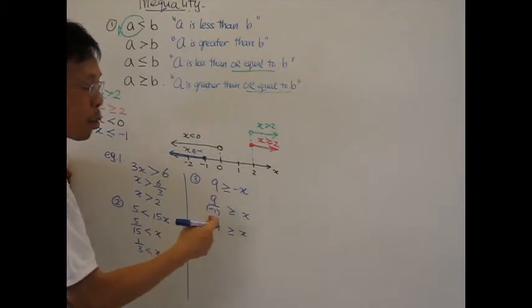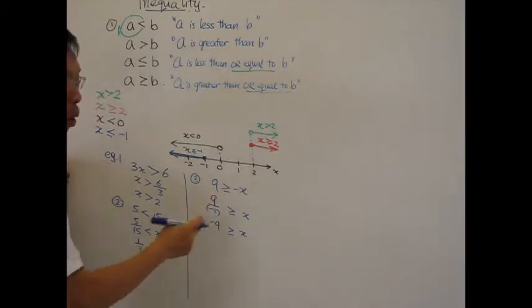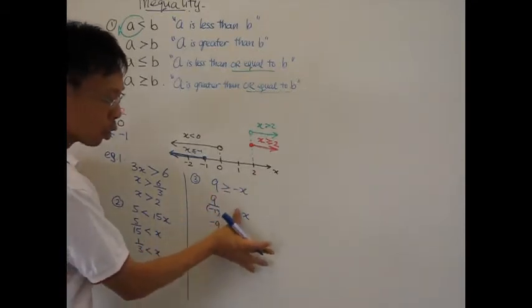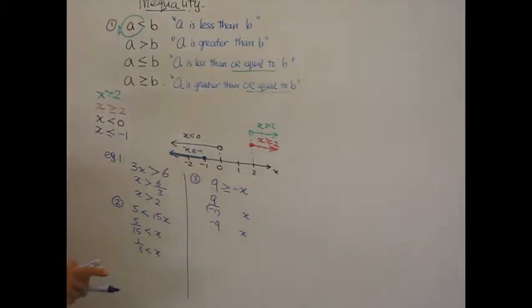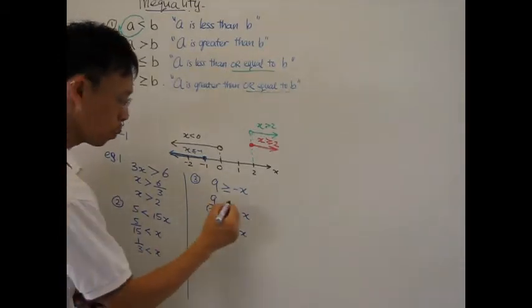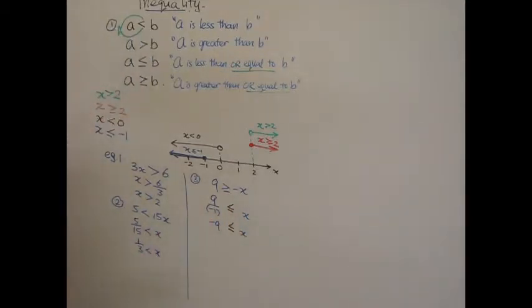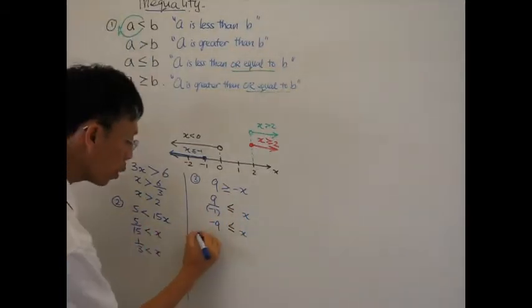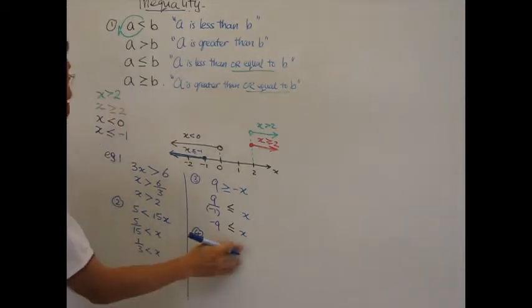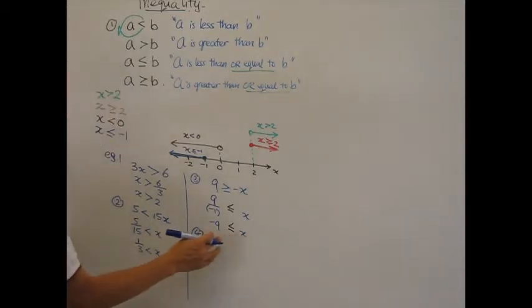So when you are multiplying or dividing by a negative sign, this sign has to be changed. It has to change into the other way around. For example, like this. Similarly, x is all numbers greater than or equal to -9.